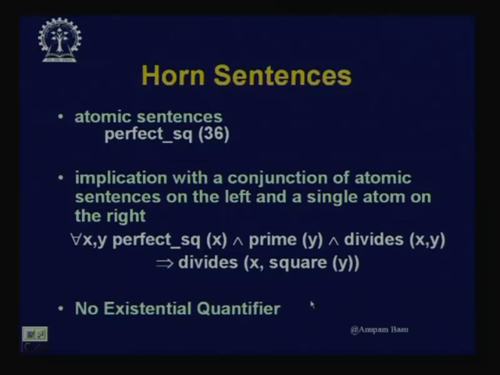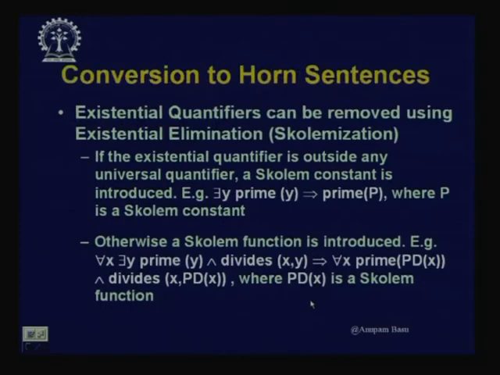Now, if a particular sentence given to you is not a Horn sentence, then we will have to convert it to a Horn sentence. How can I convert it? We know that existential quantifiers can be removed using existential elimination. We can eliminate the existential quantifiers by the process of skolemization.